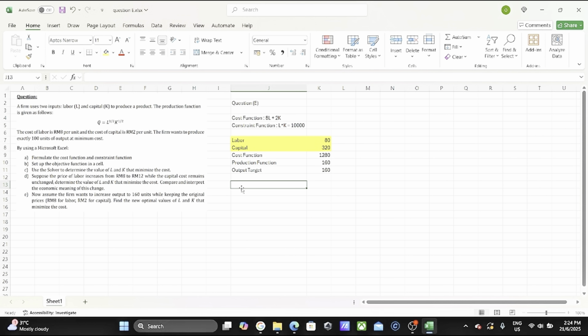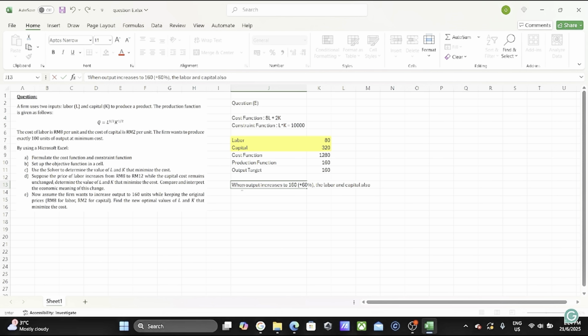So when the output increases to 116, which means 16% from the original, the labor and capital also increase to 80 and 320.